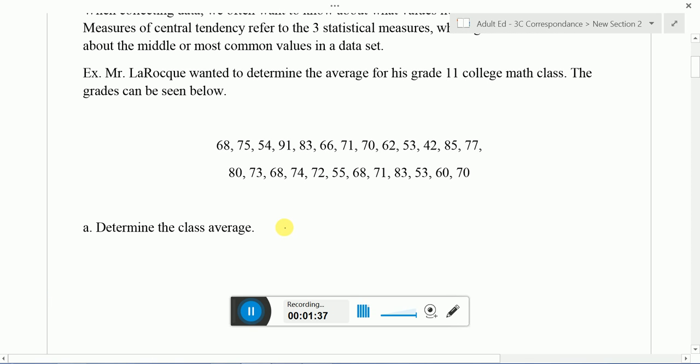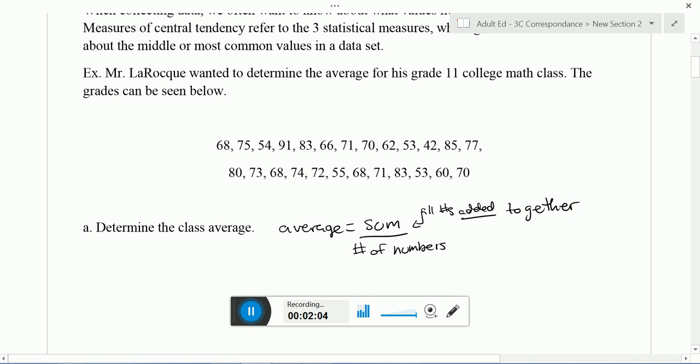When we're looking for the average, it is equal to the sum divided by the number of numbers. The sum means all of the numbers added together, and then we divide by how many numbers we actually have.